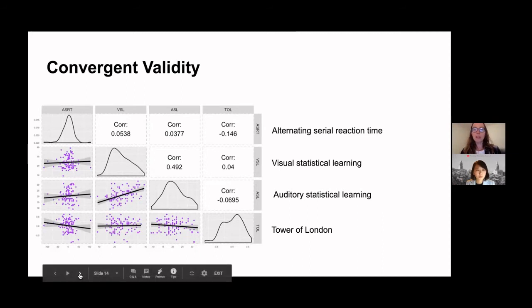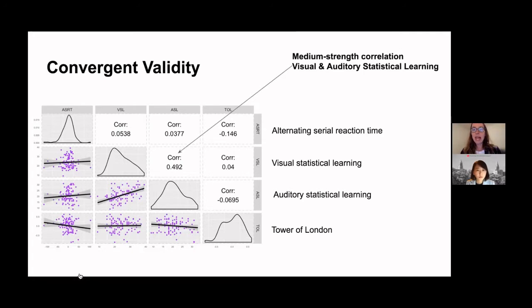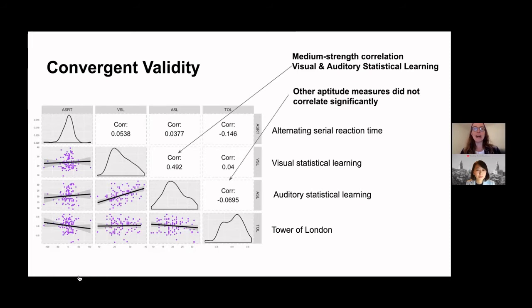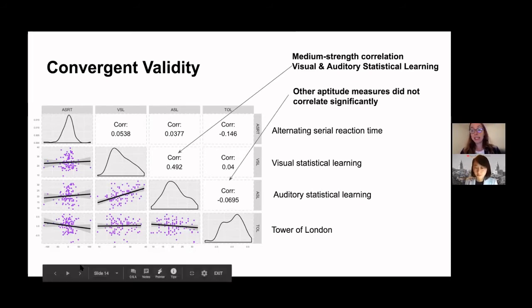First, we observed a medium strong correlation between the visual and the auditory statistical learning measures, nearly 0.5 correlation. With the exception of this correlation, all the other associations between measures were quite weak and not statistically significant, which already is suggesting to us that any evidence for convergent validity of our measures is likely to be limited.